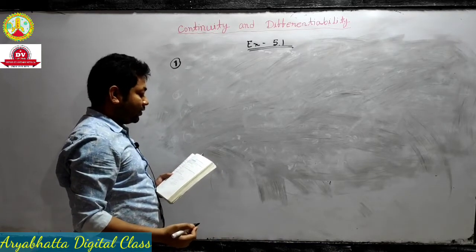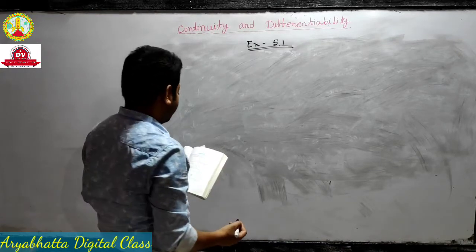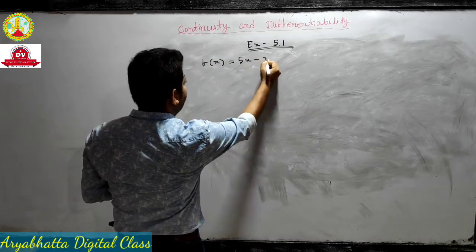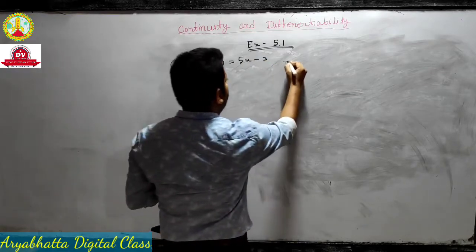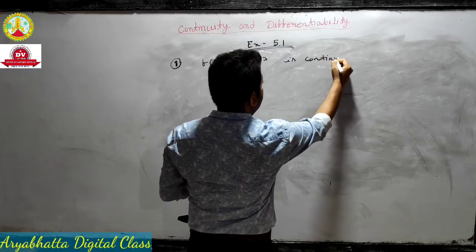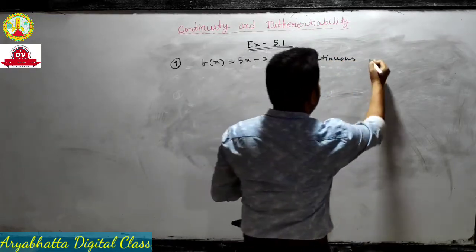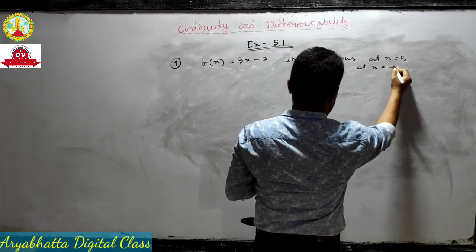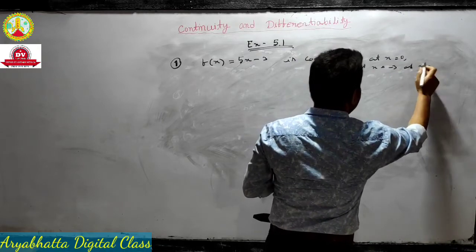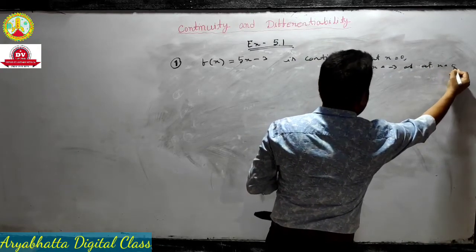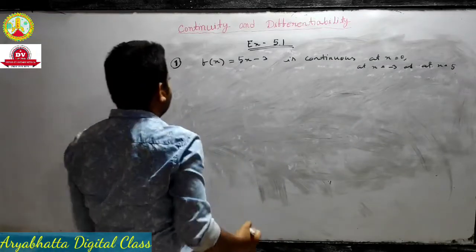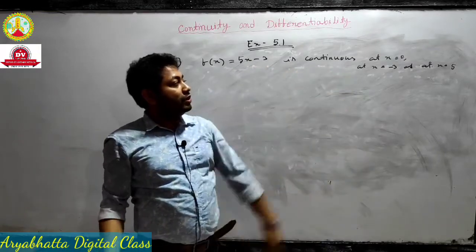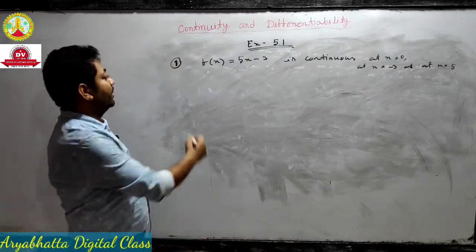Prove that the function f of x equal to 5x minus 3 is continuous at x equal to 0, at x equal to minus 3 and at x equal to 5.